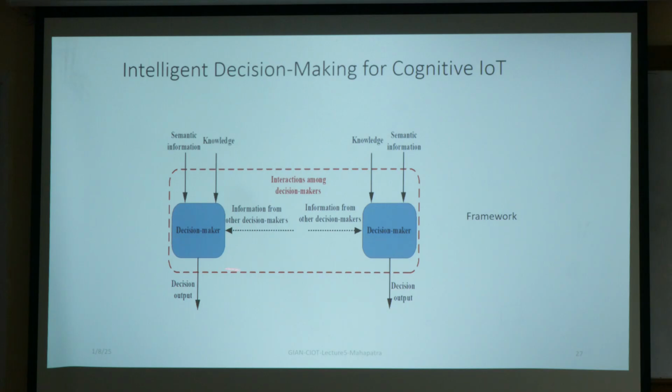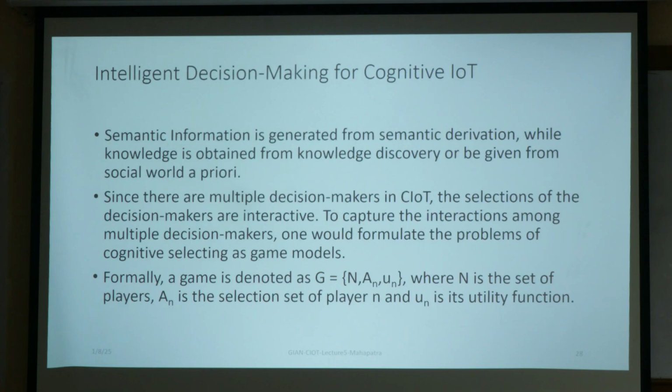Then you have to apply which decisions you will choose from. It's talking about the same thing actually. Semantic information is generated from semantic derivation, while knowledge is obtained from knowledge discovery, and they are given as input to multiple decision makers in CIoT. Selection of the decision makers is interactive. Basically, you can choose which one.